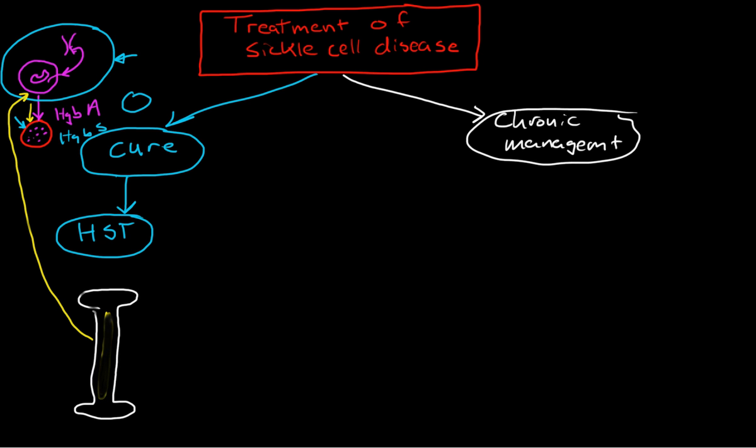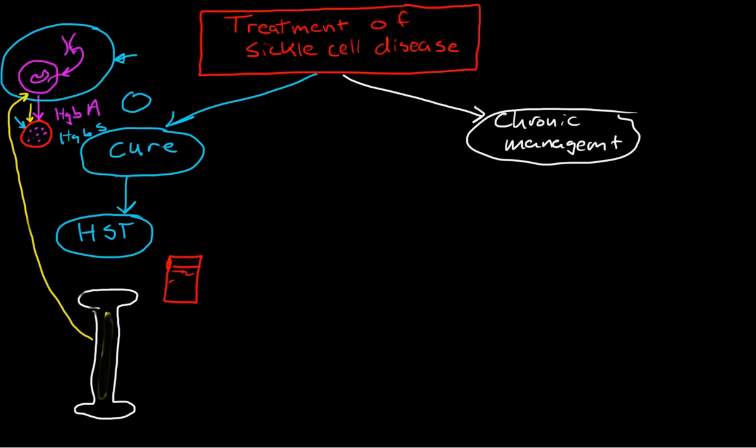And then we get some hematopoietic stem cells from a healthy donor. In the case of sickle cell disease, the healthy donor has to be a sibling, the sibling has to have closely matched genetics, and the sibling also has to not have sickle cell disease.